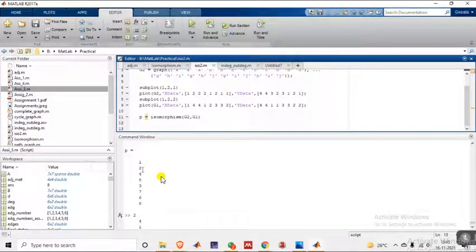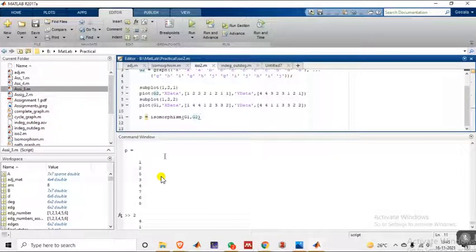So here 1, 2, 4, 5, 3, 7, 6, 8 came this time. But when you change the positions, that means you are checking graph 1 is isomorphic to graph 2 and graph 2 is isomorphic to graph 1, the values of the vertices also change: 1, 2, 5, 3, 4, 7, 6, 8.